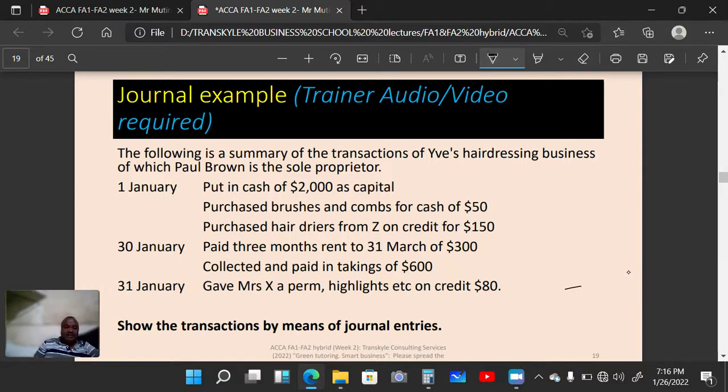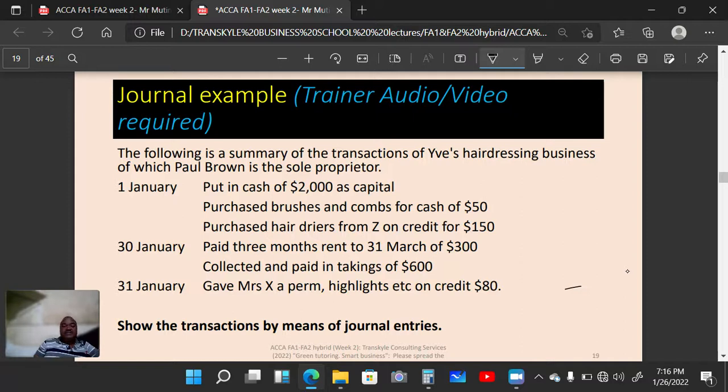For example, the recording of the rent expense itself usually requires the journal.